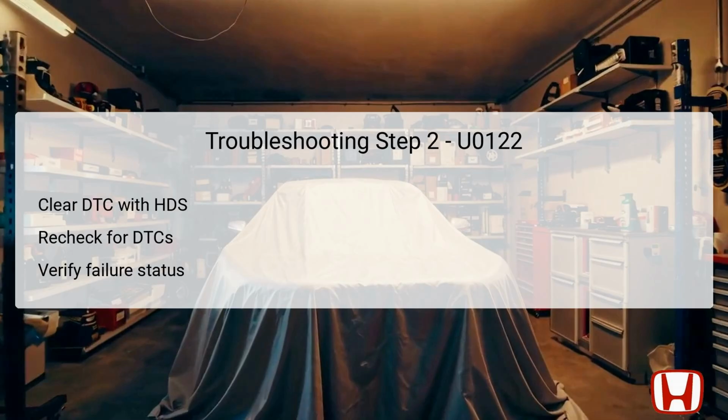In this troubleshooting step, the focus is on clearing the DTC from the system using the HDS diagnostic tool. After clearing the code, it is necessary to recheck for any pending or confirmed DTCs once again with the HDS. If DTC U0122 reappears, this confirms that the failure has been duplicated and that further investigation is warranted.